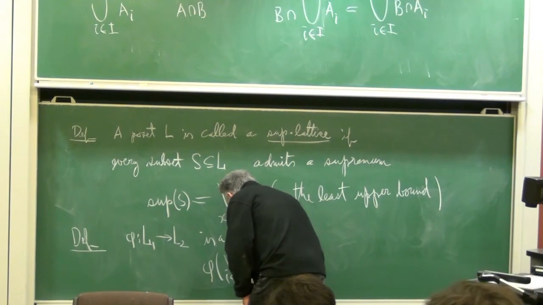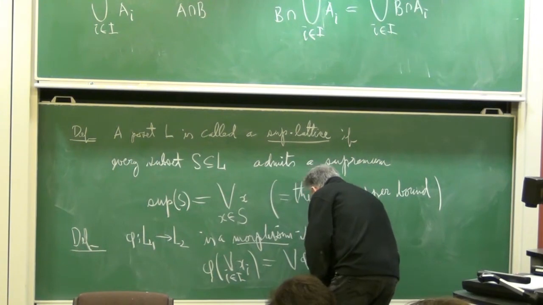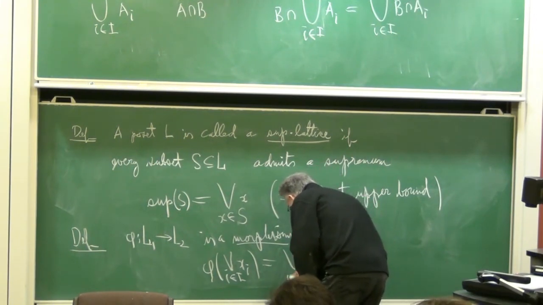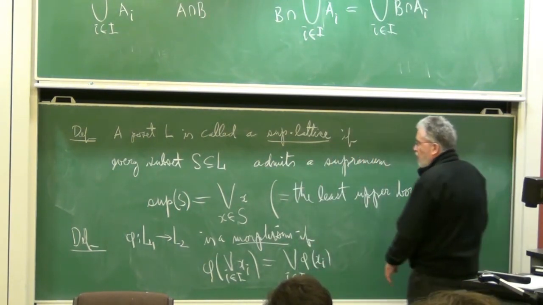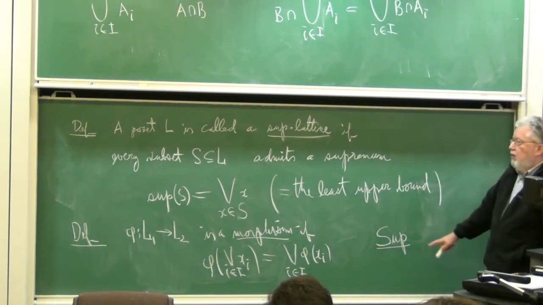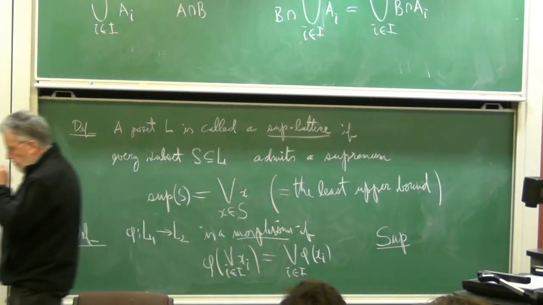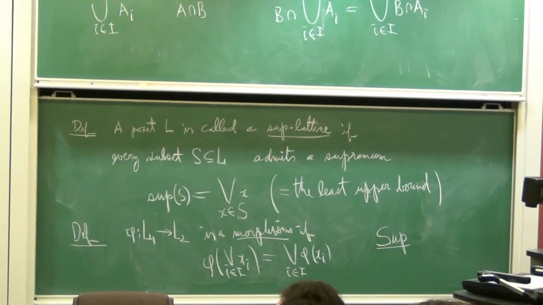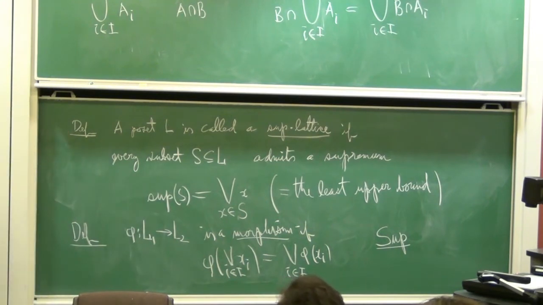So if you take the supremum of a family of elements, then it would be the supremum of the images. So there is a category of sup lattices which I'm going to write SUP, and I will underline it to say that this is a category. So you have the category where the objects are sup lattices and the morphisms are sup preserving maps. Okay, now I'm going to use this notion to define the formal notion of the topological space introduced by von Neumann.